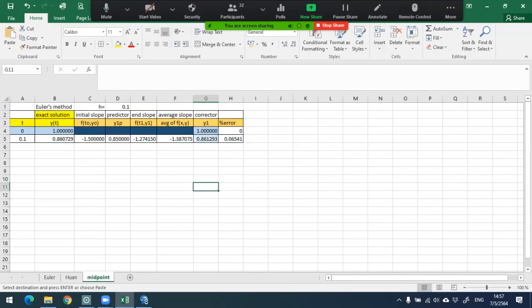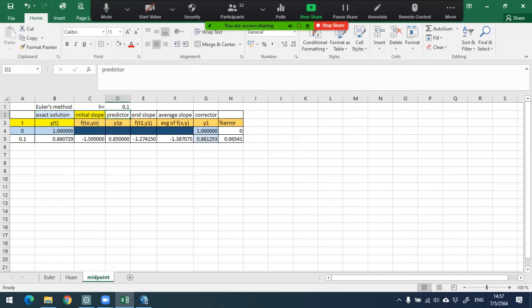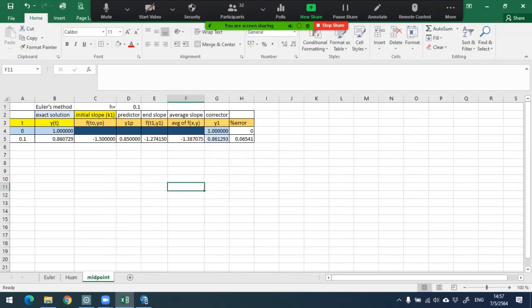But the column should be, this is the initial slope, that is correct. The predictor right now should be the initial slope, we represent it like A1. Now we will not call it predictor anymore; we have to determine something else.